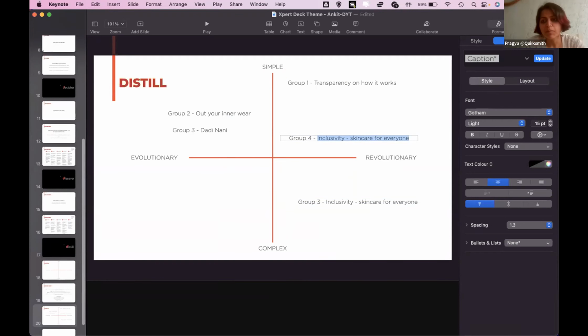Okay, I'll just talk about maybe 1 or 2 ideas that I personally found interesting. One that came up was, it's an oral care brand, and we took Perfora as our sample set here. So, the average price point of an electric toothbrush is around 1,200, 1,500 rupees.